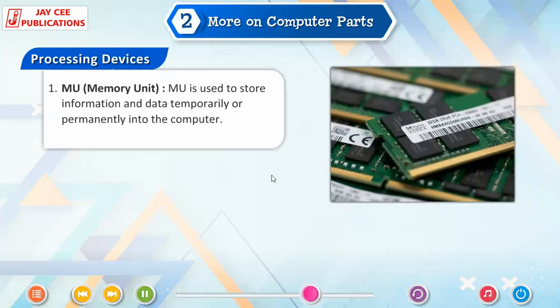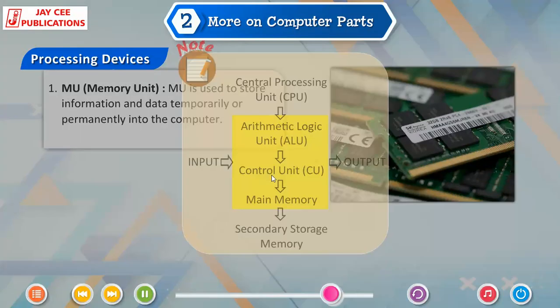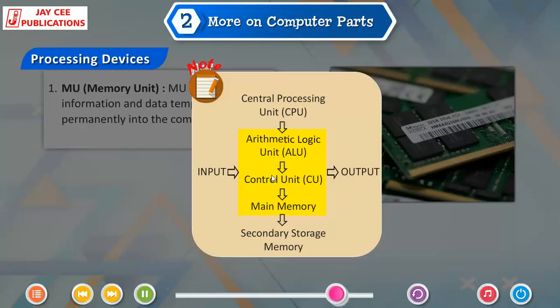MU, memory unit. MU is used to store information and data temporarily or permanently into the computer. Note: Central Processing Unit, CPU, Arithmetic Logic Unit, ALU, Input, Control Unit, CU, Main Memory, Output, Secondary Storage Memory.